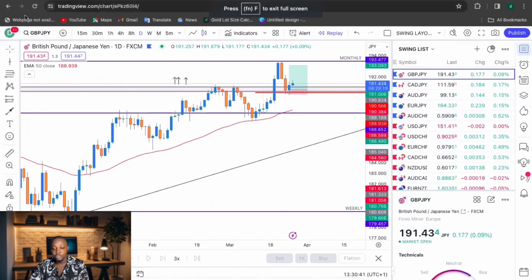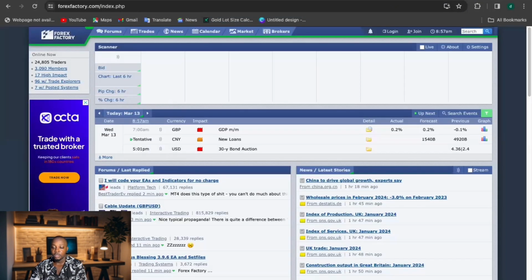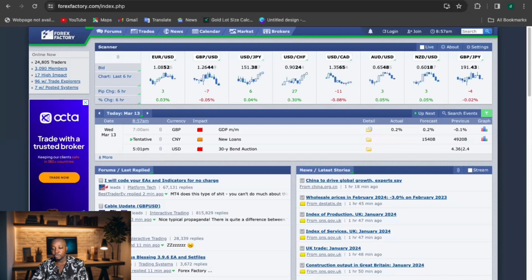So to access, just go to www.forexfactory.com, and when you go over to forexfactory.com, you'll find this is not the settings you have. I'll show you guys how to filter out the news events to be like mine. Okay, so you come over to this green bar here, you click it.